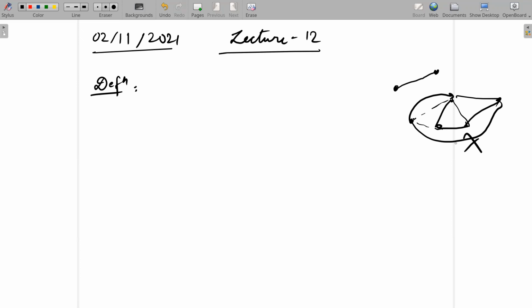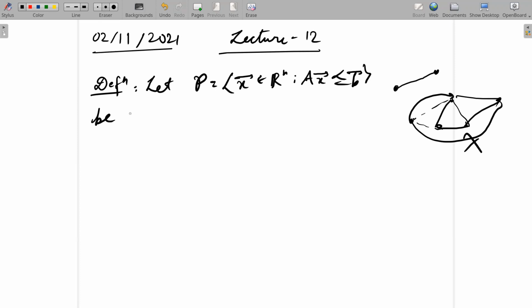All right, so let's start with the definition of neighboring vertices. First of all, we need a polyhedron. So let P be determined by these finitely many linear inequality constraints. So this is a polyhedron in R^n.